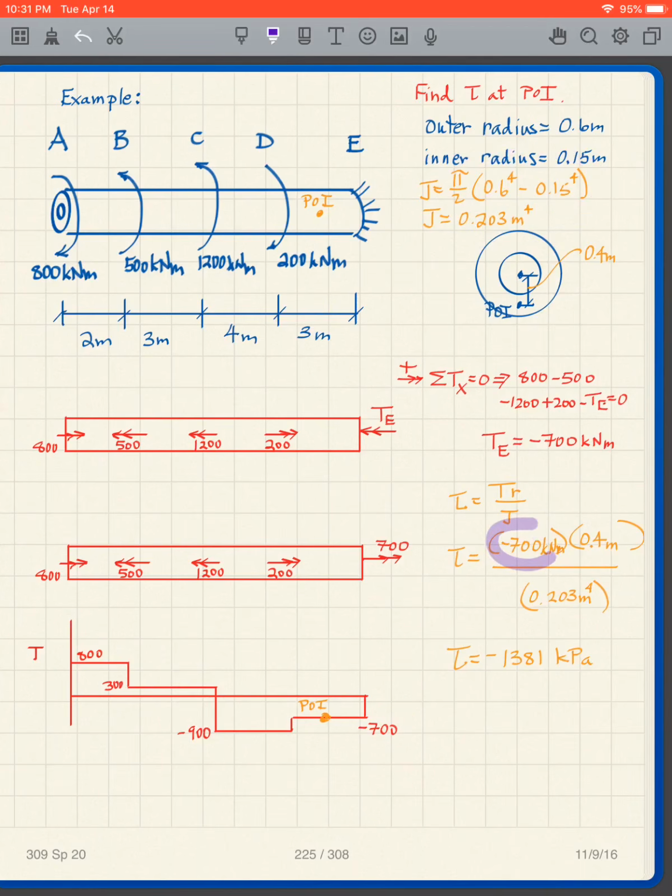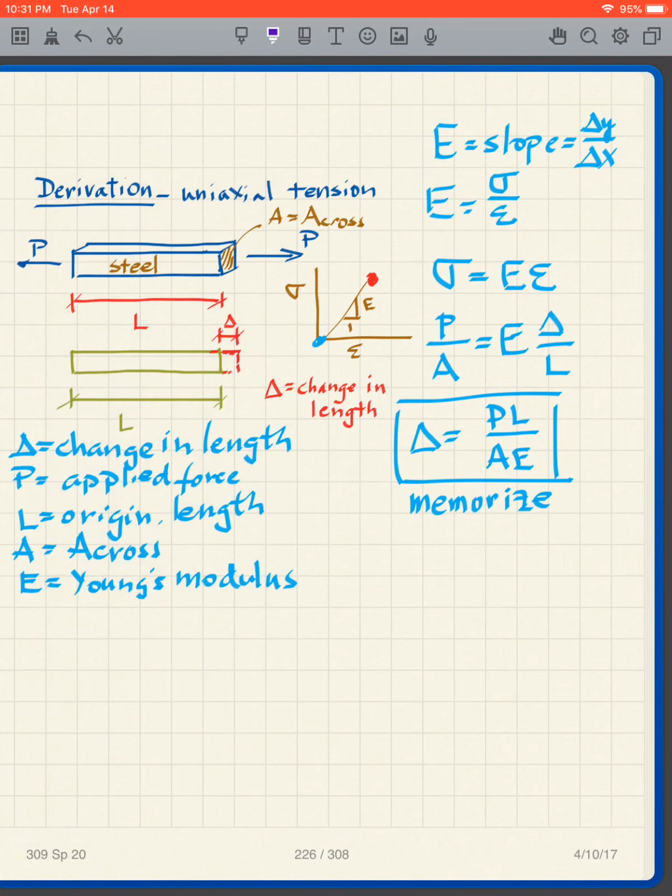So I get the 700, I get the 0.203, and then I've been given that the point of interest is 0.4 meters from the center. And I get my tau, negative 1381 kilopascals. Very straightforward if you've done far more complicated problems than this. Okay, I'm going to stop there.